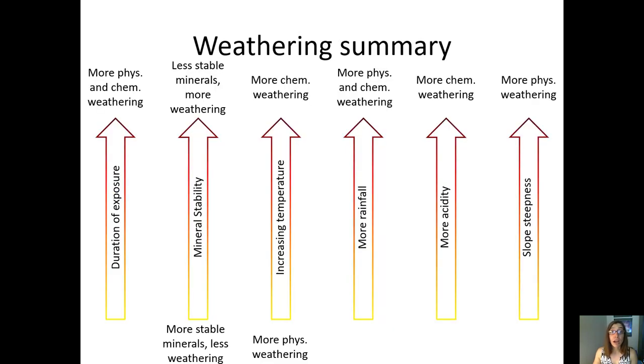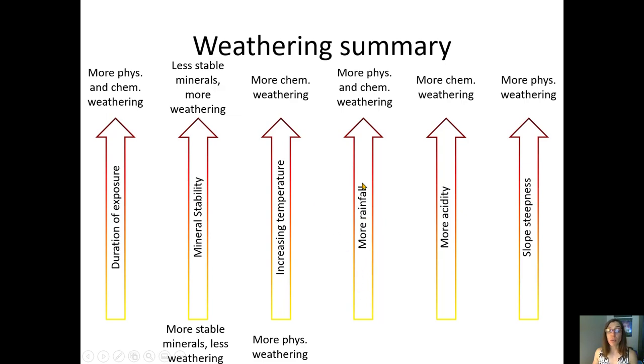So in summary, for our weathering processes, the amount of exposure that you have leads to more physical and chemical weathering. Our mineral stability controls where you fall on the framework of more stable minerals with less weathering to less stable minerals with more weathering. Increasing temperature increases weathering reactions.